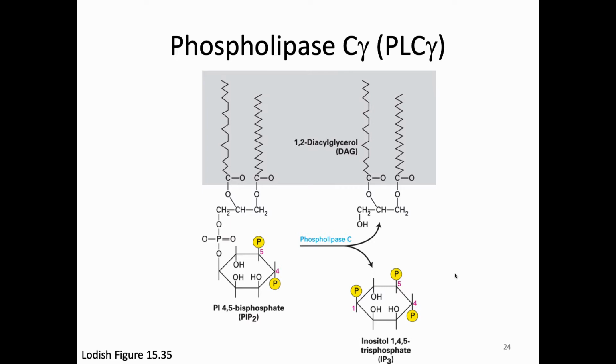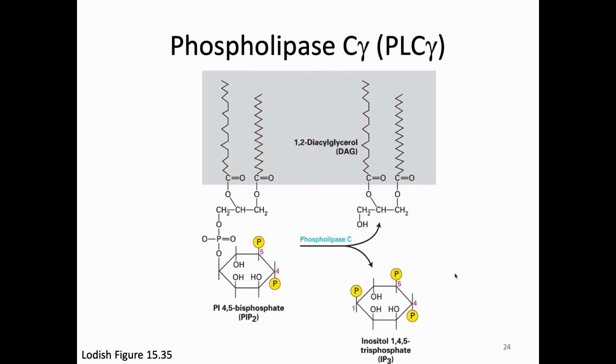It stays at the membrane. It's called diacylglycerol, or DAG. The other one is basically this sugar head. It's called inositol 1,4,5 triphosphate, again known to all cell biologists as IP3. This is the job of phospholipase C gamma.